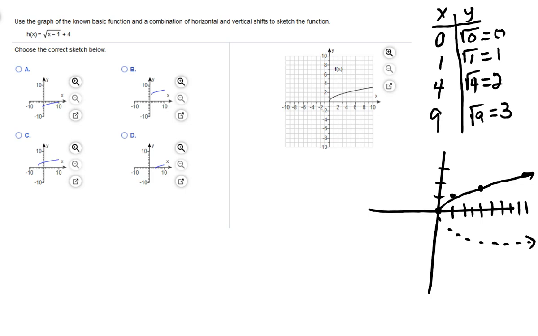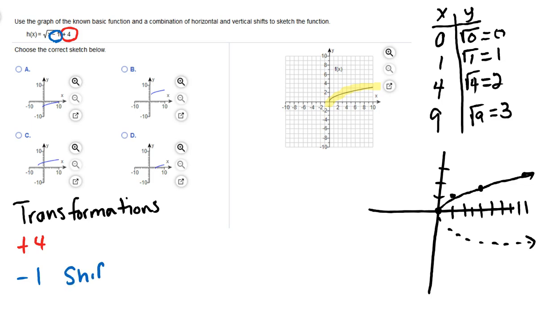Okay, so now that we feel confident in knowing what this base function looks like, let's take a look at the transformations that we have. So I see in my transformations a +4 and a -1. So the +4 and the -1 are both adding and subtracting, so they are both shifts.